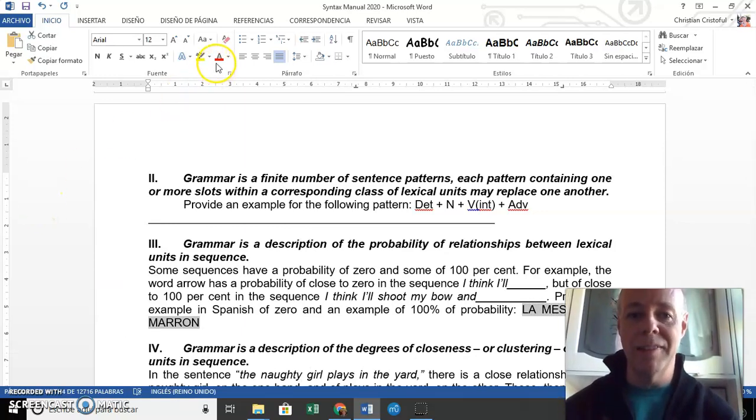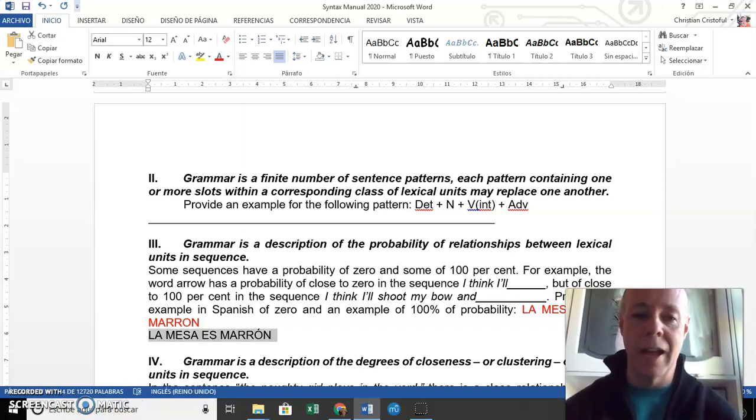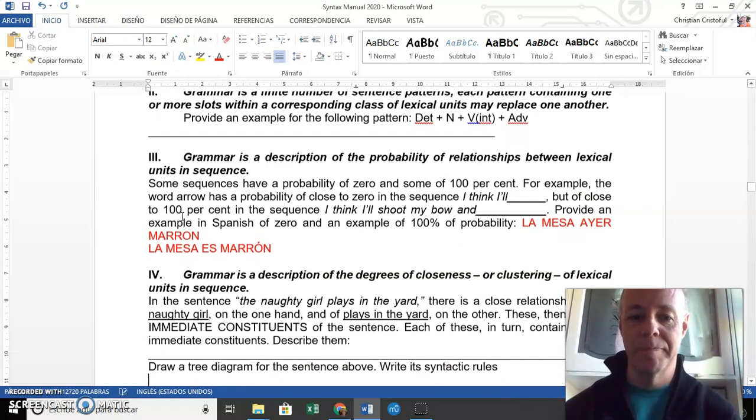Nobody would say la mesa ayer marrón. Okay. And which one would be an example of 100%? La mesa es marrón. Yeah, many people, there is a high probability of people saying la mesa es marrón. So these are examples in Spanish.